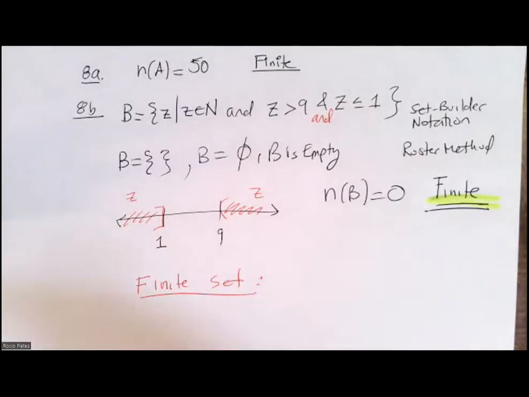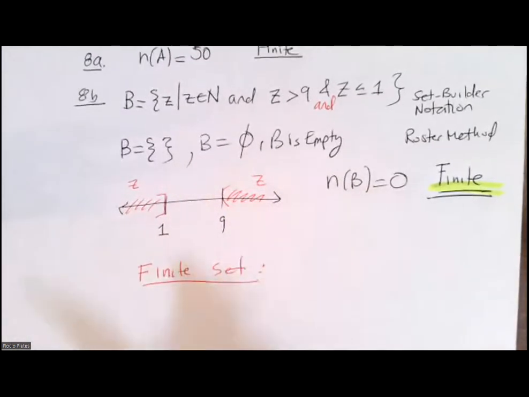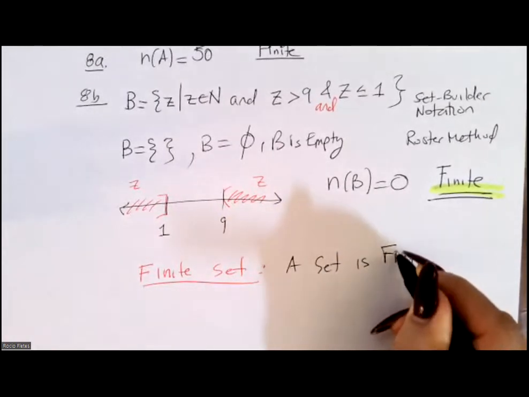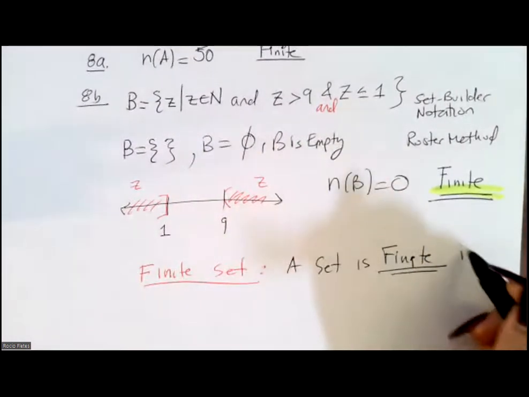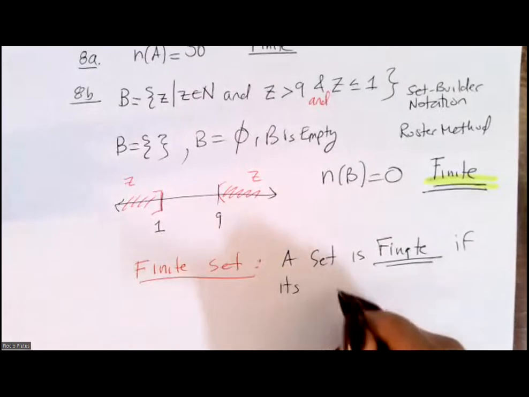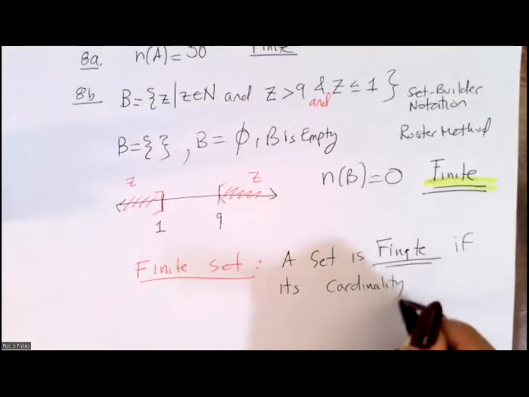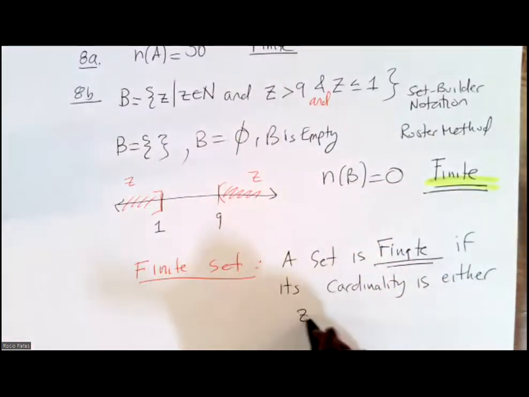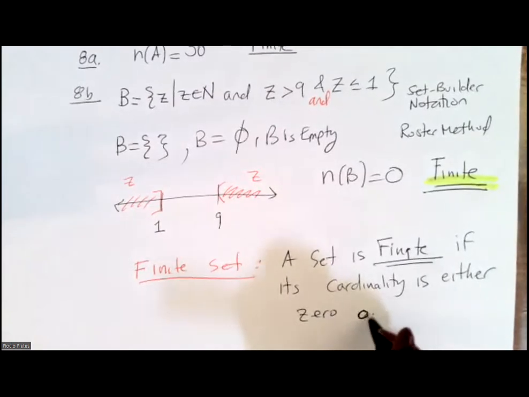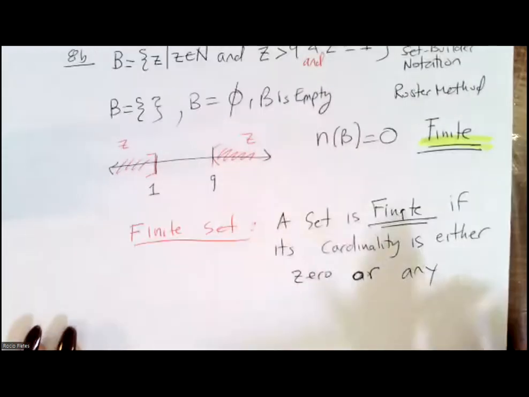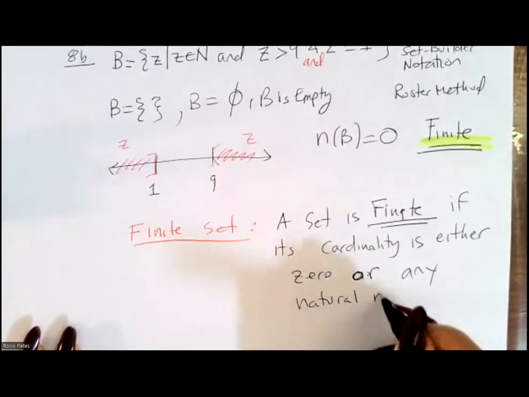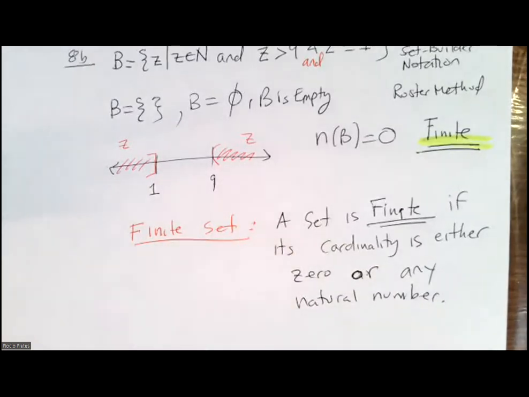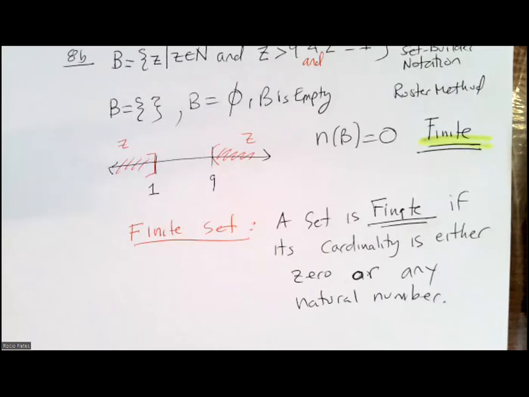A set is finite if its cardinality is either 0, like in this case, or any natural number, then you know the set is finite. Okay, so this set is finite. Okay, so that's 8B.